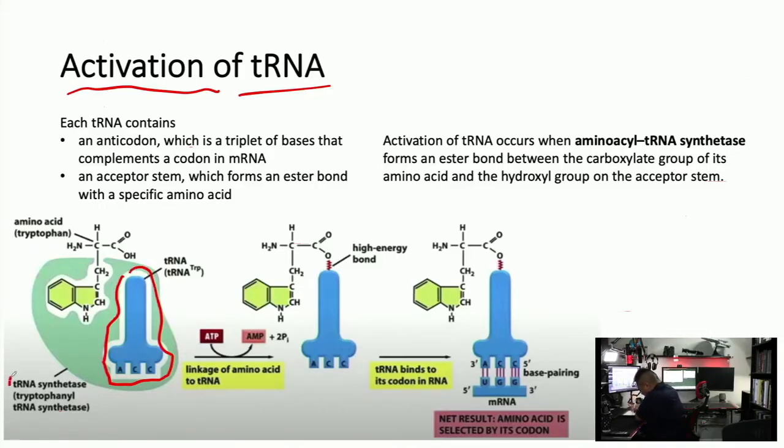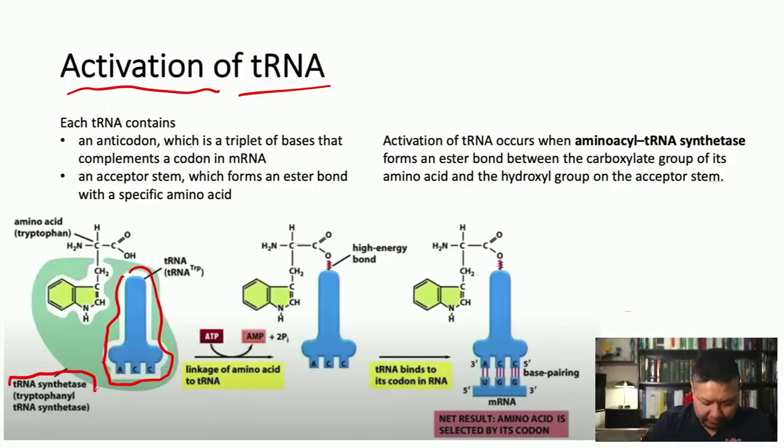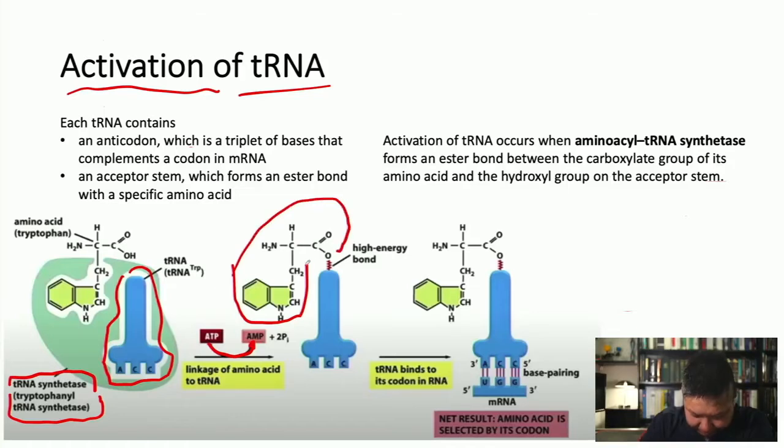There is an enzyme called tRNA synthetase. There's one for every amino acid. So this one specifically is called tryptophanyl tRNA synthetase. And it, along with some ATP, can attach tryptophan here, the amino acid, the one that makes you sleepy after eating a lot of turkey, to the tRNA at the 3' end, using a very high energy bond.